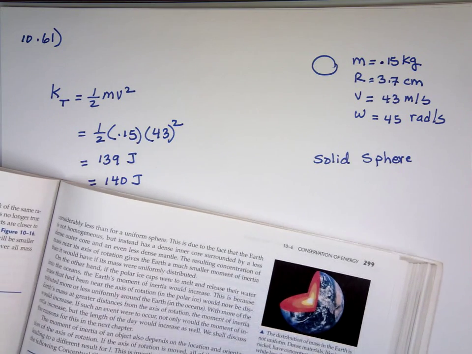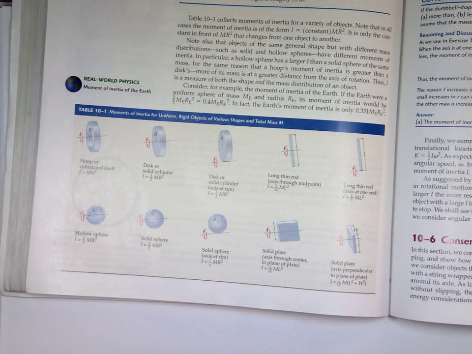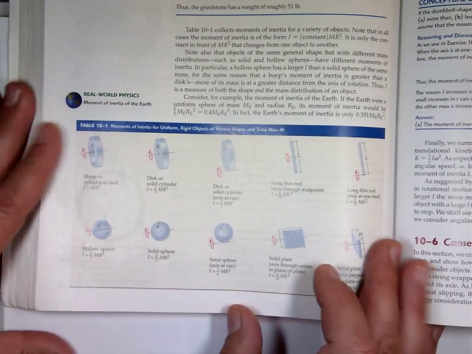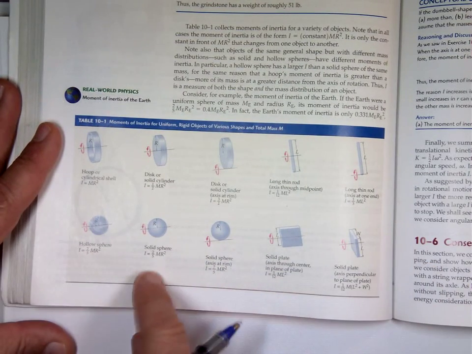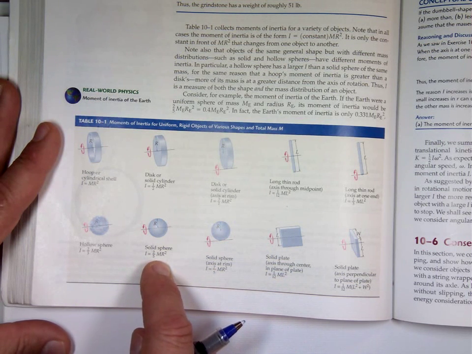Once I ripped that page out. Here is the inertia for different shapes. Solid sphere spinning around the center. If you watch it coming out, it looks like it spins around the center. It's 2/5 mr squared.